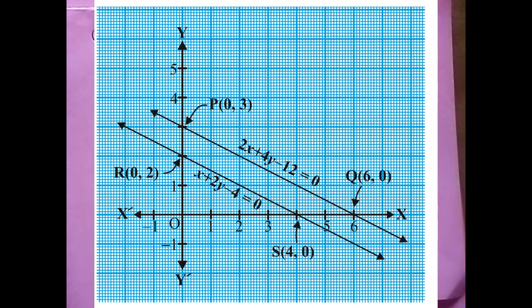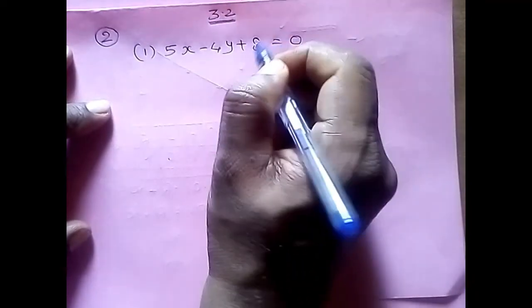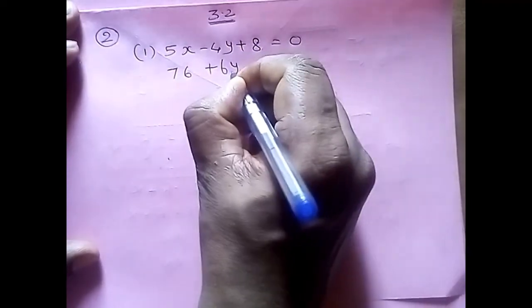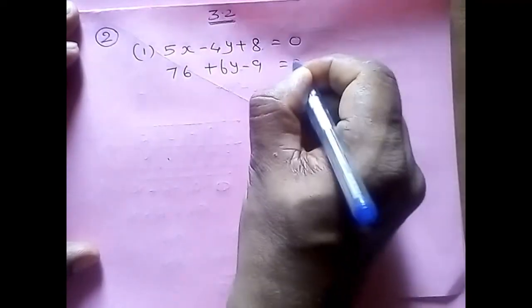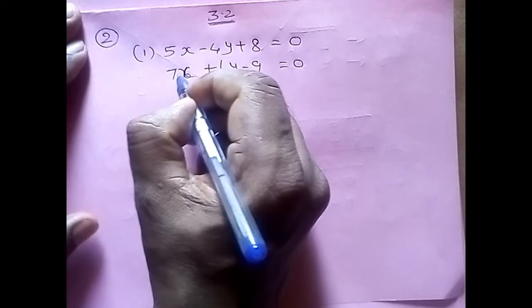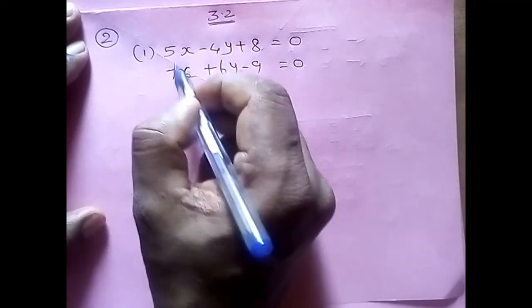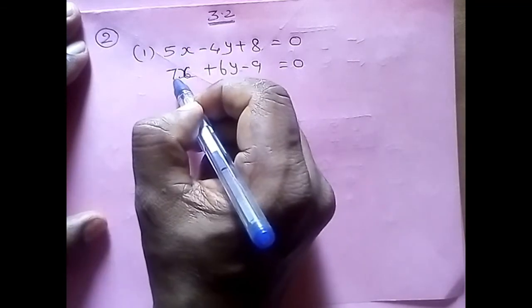So first case we will take 5x minus 4y plus 8 equal to 0 and 7x plus 6y minus 9 equal to 0. Here we can see 5 and 7. To get 7 we multiply 5 by 7 by 5.